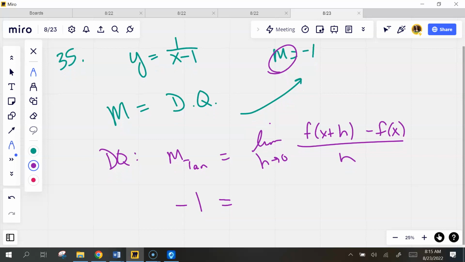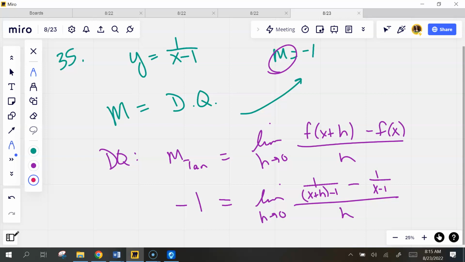All right, so I have the limit as h goes to 0 of 1 over x plus h minus 1 minus 1 over x minus 1, all over h. I need a common denominator. This is kind of gross, but essentially what I'm going to do is give each one the other one's denominator. So give this one an x minus 1, give this one an x plus h minus 1.